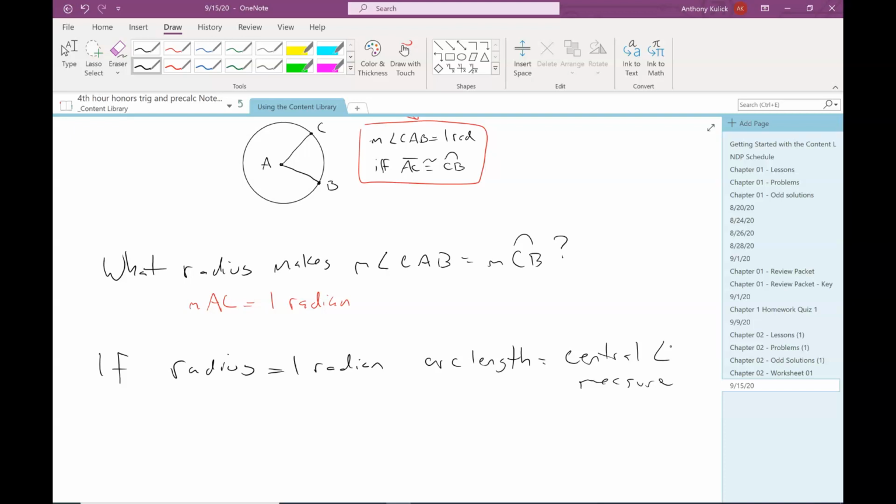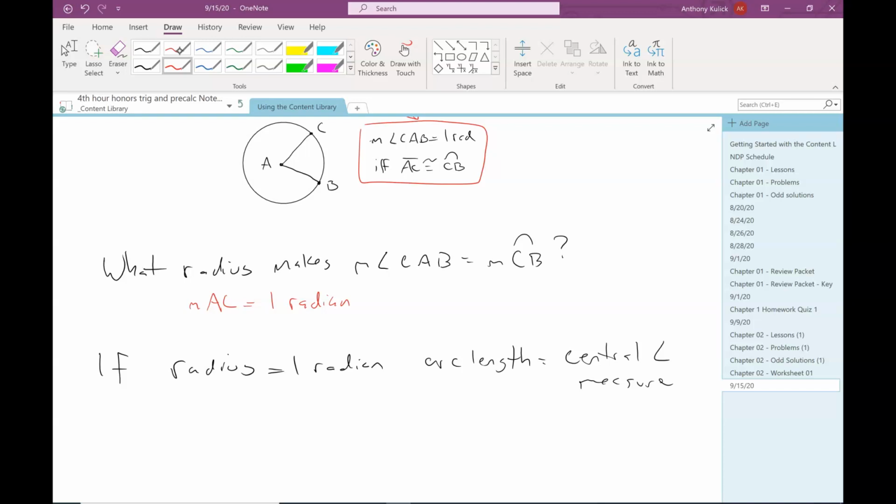Now my goal in using this is going to be to try to create a conversion factor between degrees and radians. If we have these two different units of measurement for an angle, we'd surely like to be able to convert back and forth between them, right? If you have miles and kilometers, you want a way to convert back and forth.